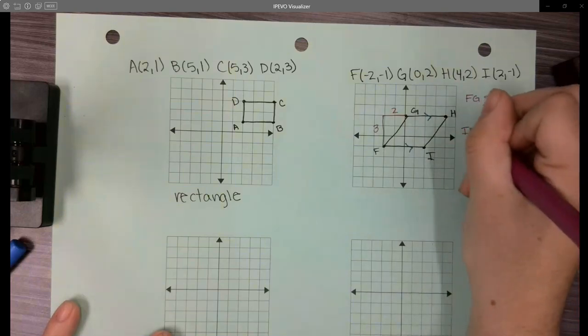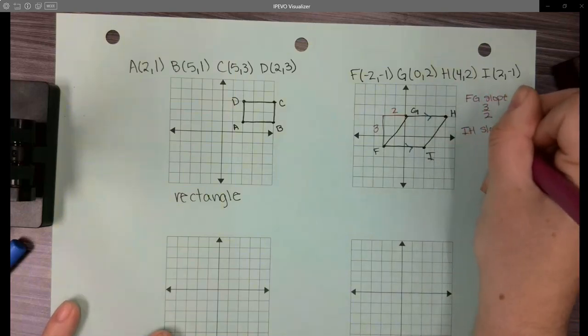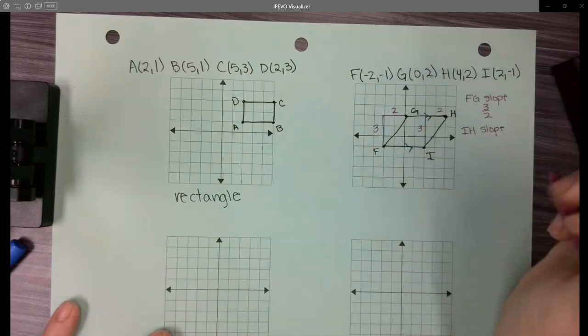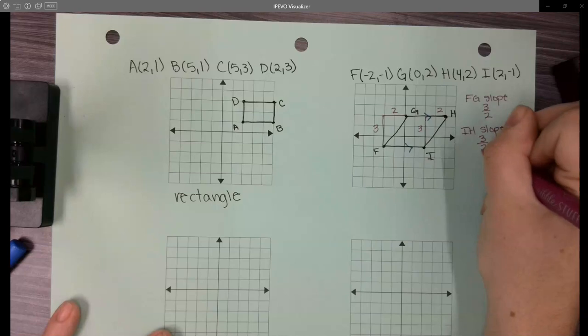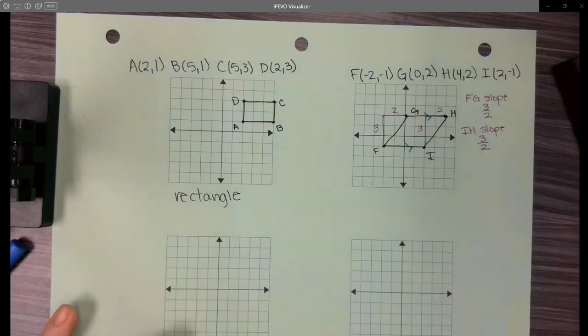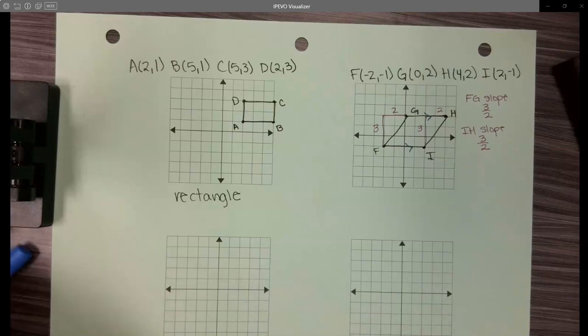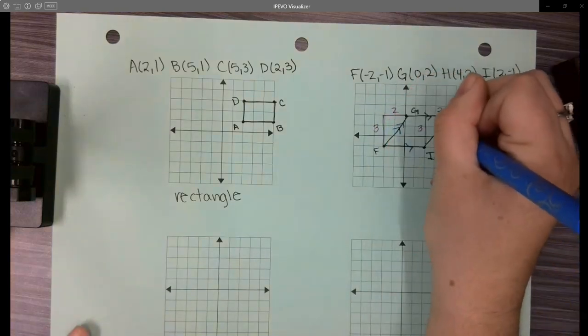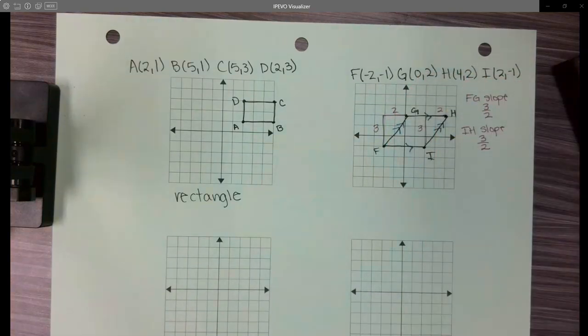Then I want to find my slope for IH. I'm going up 3 over 2. So do I have the same slope between those? So I know this is a parallelogram and not a trapezoid.